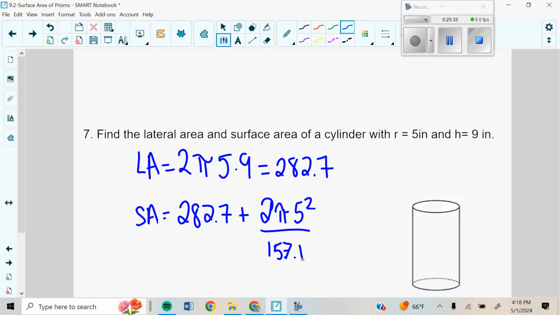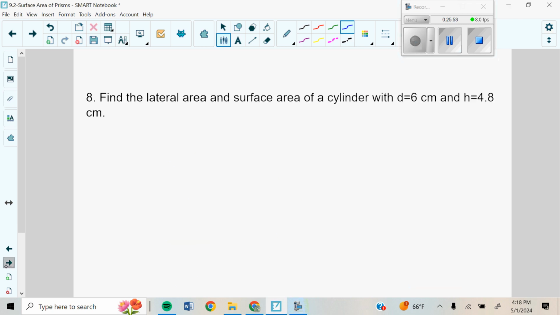And I get 439.8. If you typed them all together, this one actually rounds to 0.8 also. It ends up being 0.822. So it does round the same. So that's where it's like, well, we got a little wiggle room. Sometimes it's the same, sometimes it's a little different.